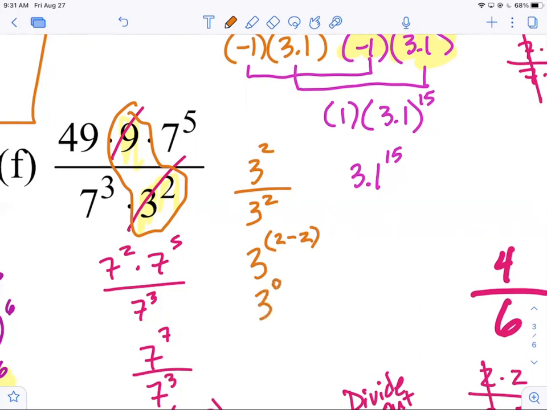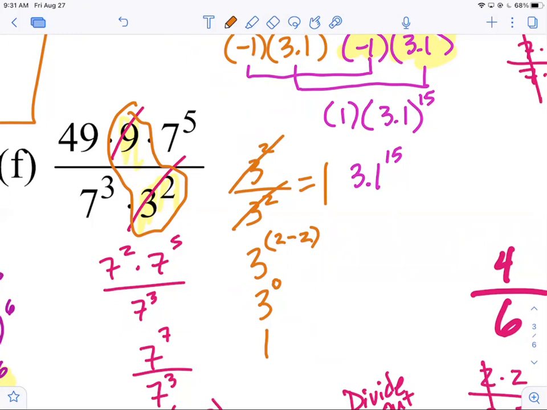0. Uh-oh. What is 3 to the 0 power? It's got to be what? It's got to be 1, because what's 9 divided by 9? 1. What's 3 to the 0? It's 1. See? It's got to be 1.